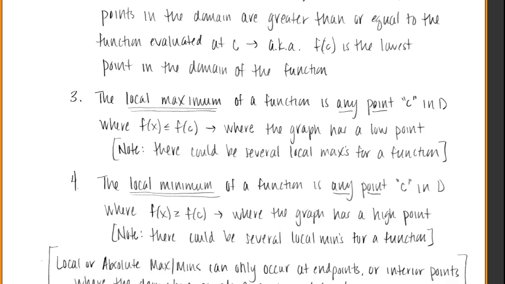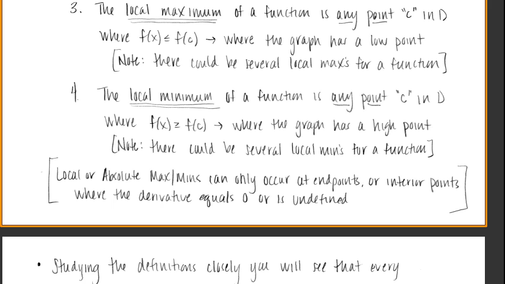Okay? And I guess the most important thing I can tell you right here is to focus on the fact that local and absolute maxes or mins, so these high points and low points, can only occur at either the endpoints of your domain. So if you took your domain, instead of saying all real numbers, if you said only from -2 to 3. Okay, so those absolute maxes could potentially happen at those endpoints or interior points where the derivative equals 0 or is undefined.